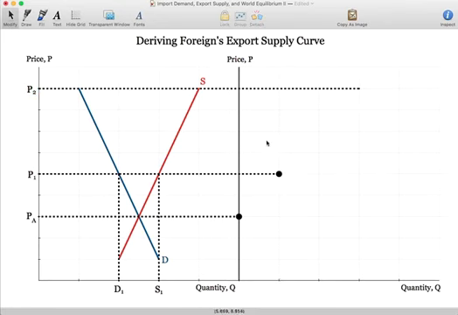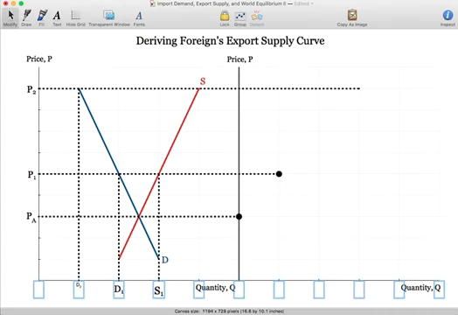At that price, we can make a determination of what domestic quantity demanded and quantity supplied are going to be. So if we go from that price over to the domestic demand, this tells us what the quantity demanded is going to be equal to. So I will label that D sub 2. There we go.